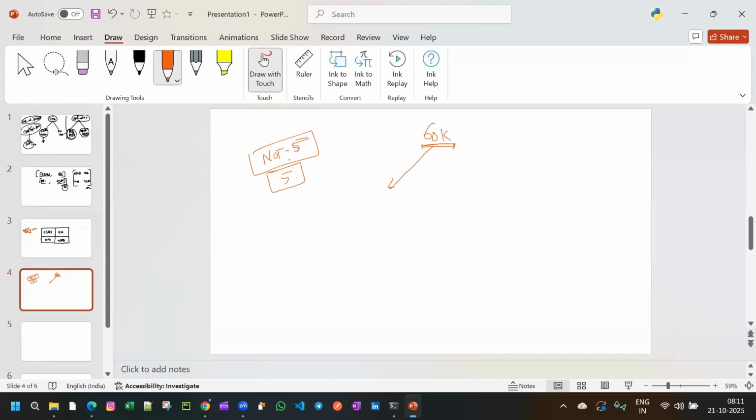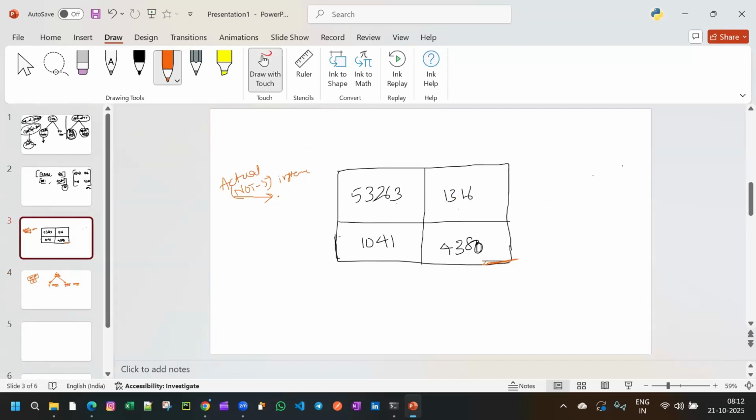It could be anything: 0, 1, 2, 3, 4, 6, 7, 8, but it's not 5. Is it clear so far? So I am dividing the 60K images into 2 categories. One is 5 images, which contain the digit 5 inside. The other is not 5 images. Clear? So the entire row represents the not 5 images.